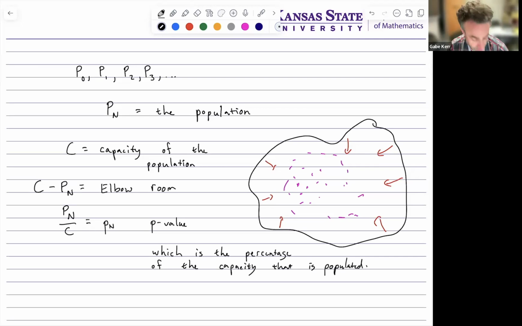Okay, so this is the idea of the p-value.